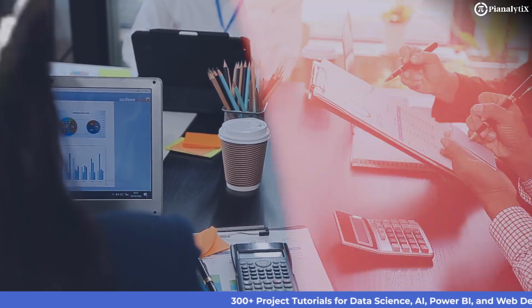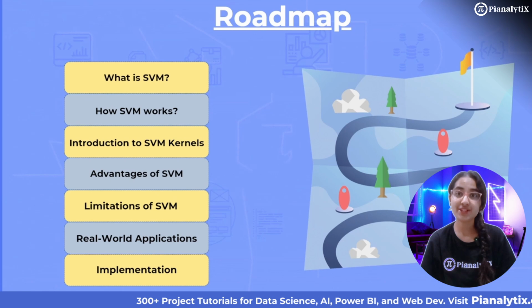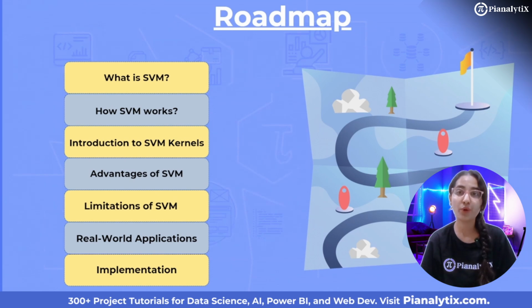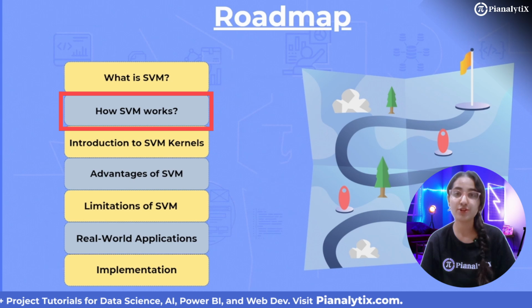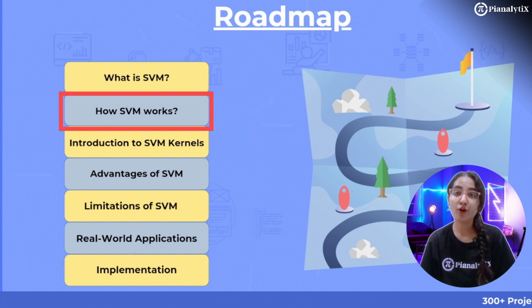So let's get started. Before we dive in, let's go over a quick roadmap so you know exactly what we will cover in this video. First, we will start by covering what SVM is, the concepts of hyperplane, margin, and support vectors. Second, we'll see how SVM finds the ideal hyperplane for different types of data and what makes it such an effective classifier.